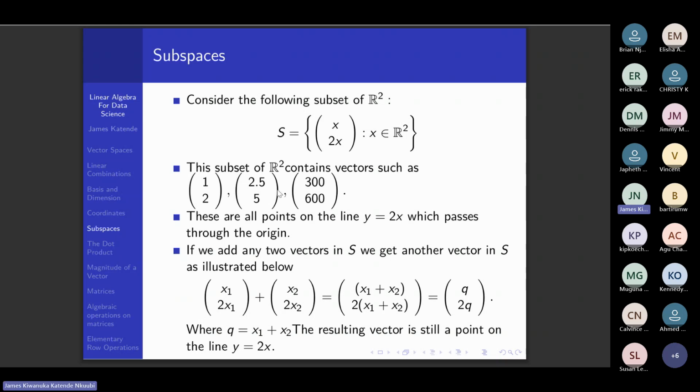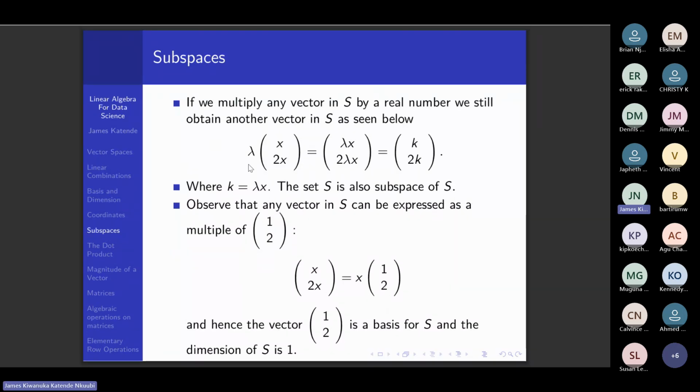If we add any two vectors from here, we have to pick two vectors. One is (x1, 2x1). The second vector is (x2, 2x2). If you add them, we still get a vector on the same line because the y coordinate is still twice the x coordinate. So that covers the first property that we need to check. The next one is what happens if you multiply any vector from that set by a scalar.